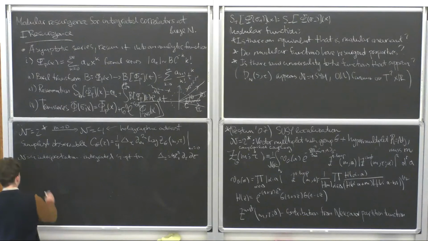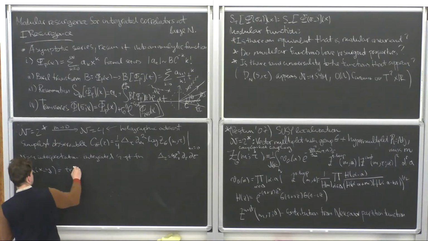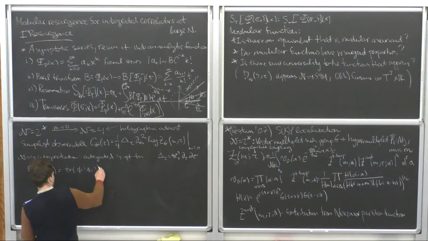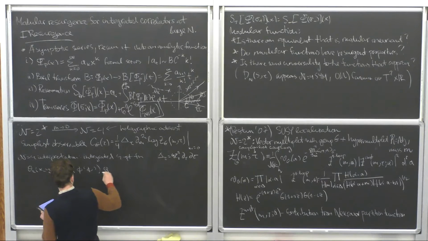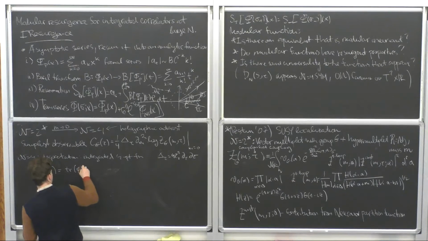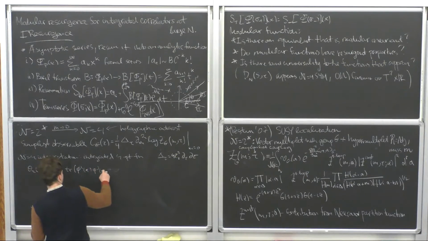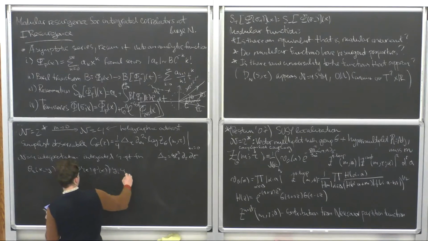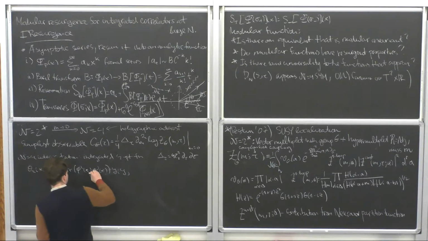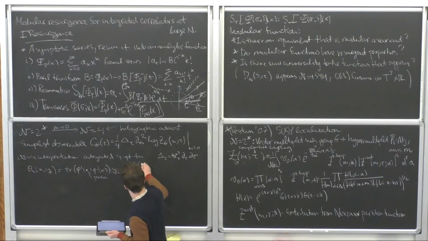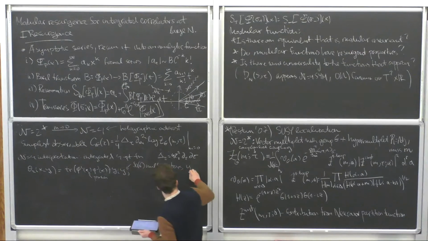More precisely, if I define O2 of x and y to be the trace of phi^I phi^J y_I y_J of x, where this x is position, and these y's are SO(6) null vectors, so they satisfy y·y equals 0.